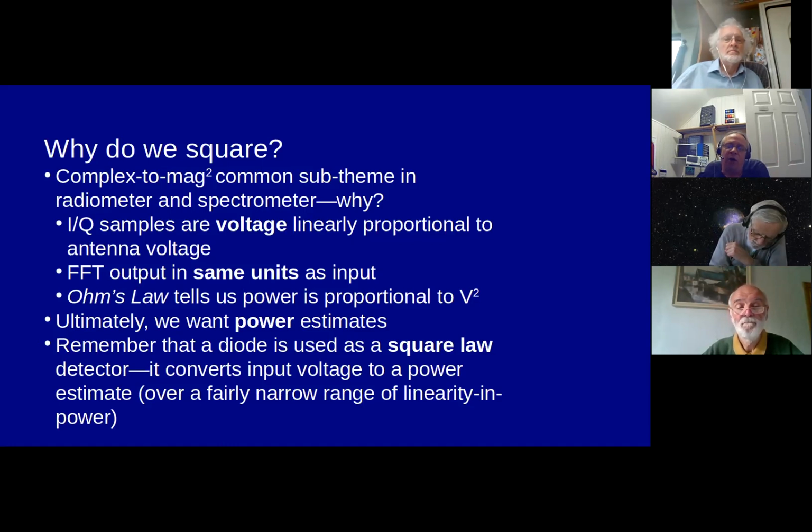The problem with diodes is that they only operate in square law mode over a relatively narrow range of inputs, and their square law linearity tends to diverge from perfect quite quickly outside of that range. They also drift with temperature, as do all of the other analog bits and pieces. So doing that squaring inside software, where there's none of that, is incredibly useful.